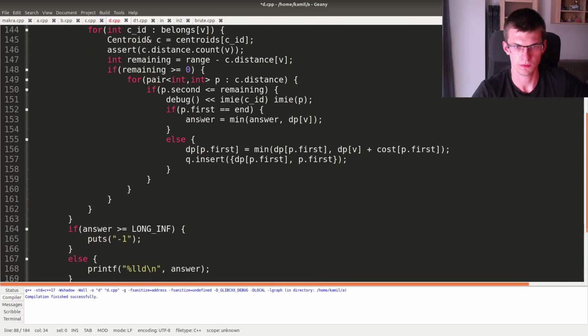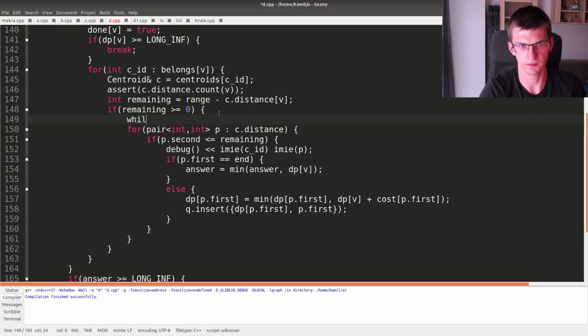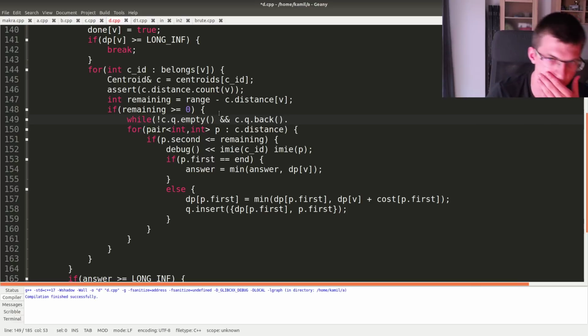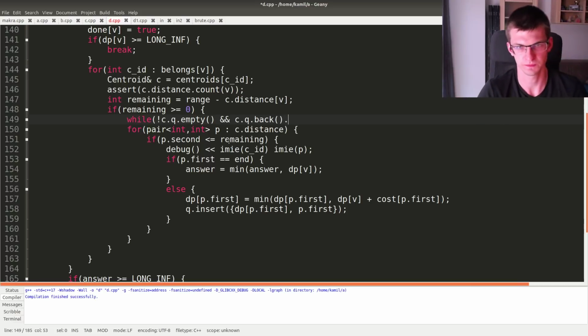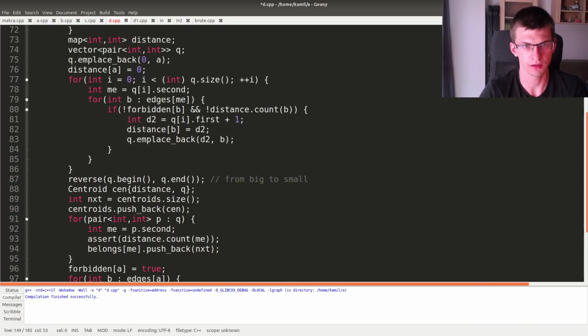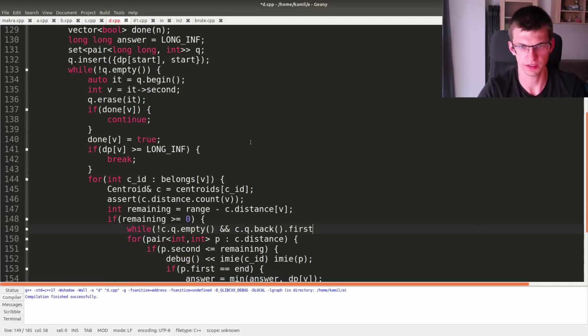For a centroid, instead of doing this, I will do that. Well, not. CQ empty and CQ back dot what? First element of a queue? Yes, first. This is the distance.